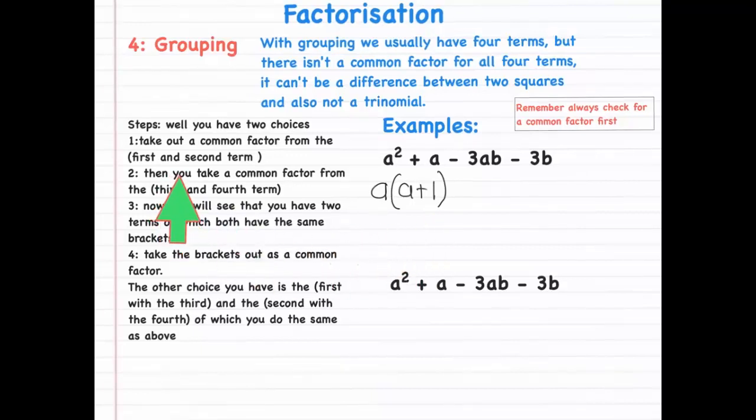Now, then you take a common factor from the third and fourth term. Okay, so now the third term starts from in front of the minus, right? So that is my third and that's my fourth term. So what is the common factor between those 2? Now I'm going to circle them in green. So I want the common factor between those 2. Now there's a minus 3, there's a minus 3, there's a b, and there's a b.